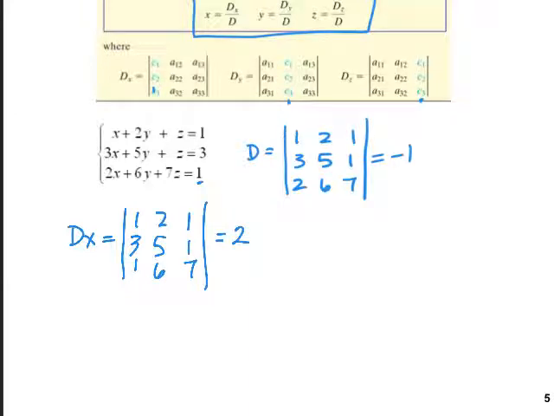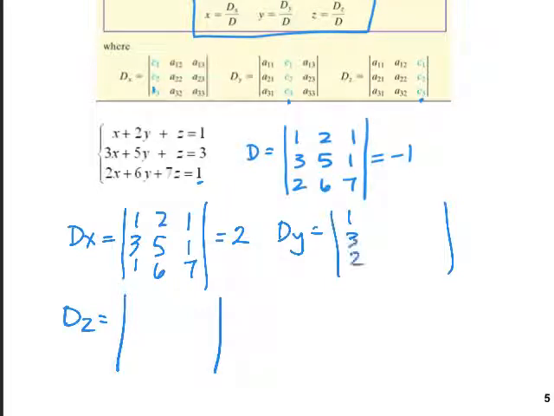Let's go ahead and set up both d sub y and d sub z. So d sub y is the same x column as before, but replace the y row with 1, 3, 1. Keep the 0. Likewise, let's fix that. That's just a 7.